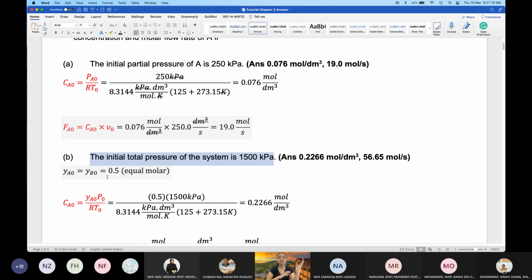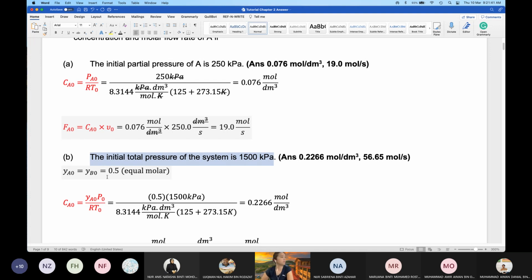In the question, they say equal molar. Earlier, equal molar initially means 50% mole A, 50% mole B. So this 1500 actually consists of 50% A, 50% B. So by right, the pressure of A is 750 kilopascal, and the pressure of B is also 750 kilopascal.